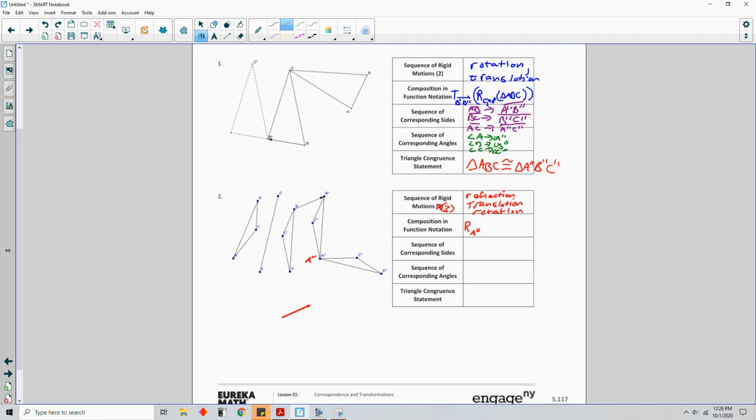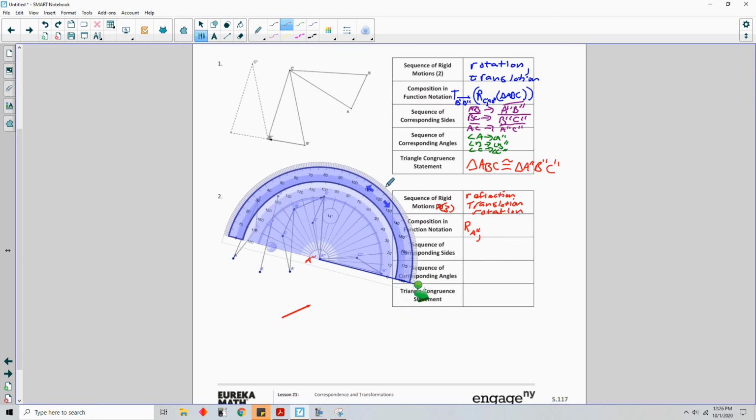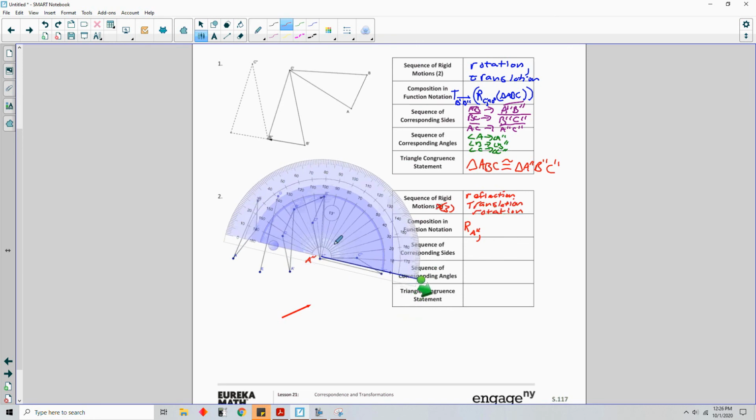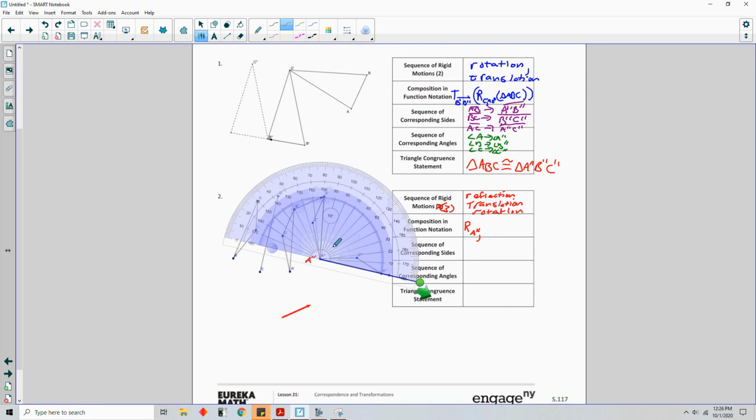Rotated around A double prime, and if I get my protractor, put it right on A, right there, and rotate it so that this is on the line AB, A prime, B prime. Okay.